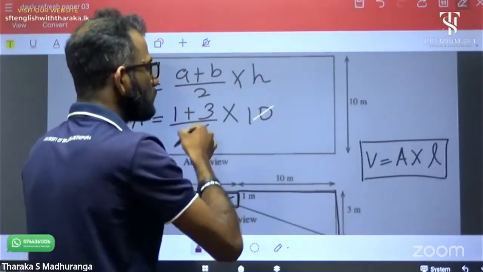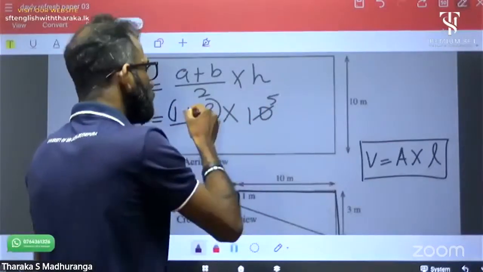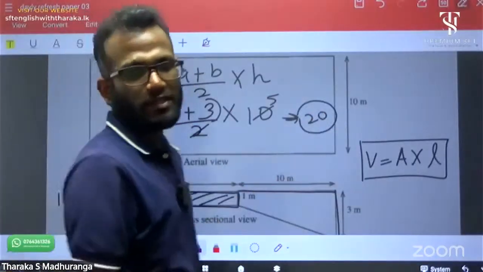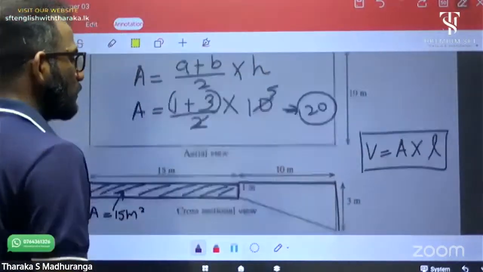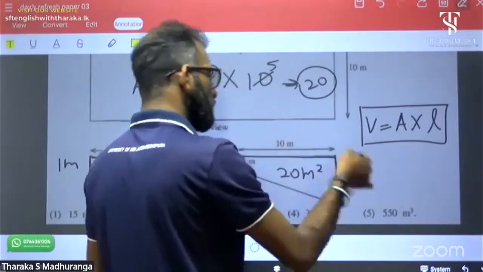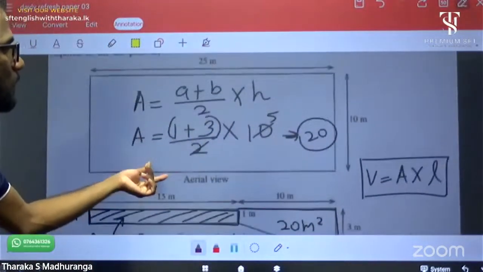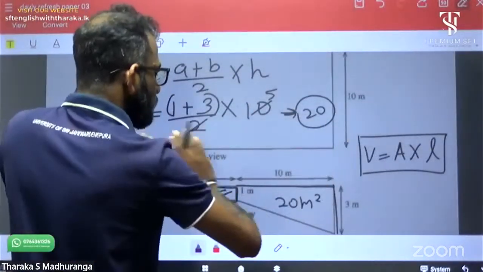Now 2 and 10 cancel out, it is 5. Now 4 into 5 is 20. Sorry, not square centimeter, 20 square meter, because the units are meters. This is the cross-section area.